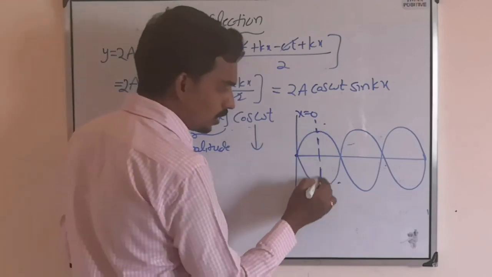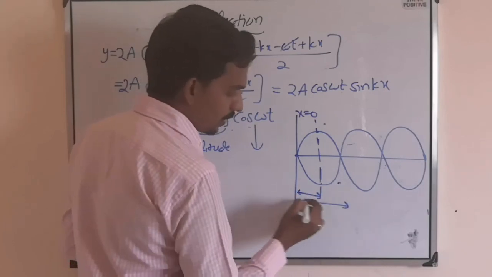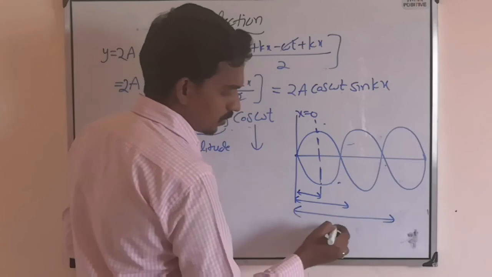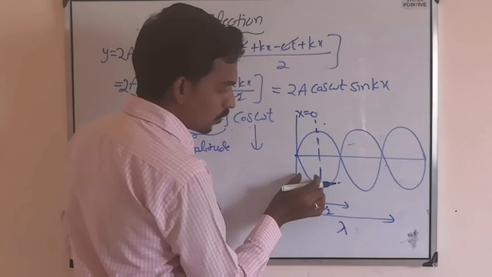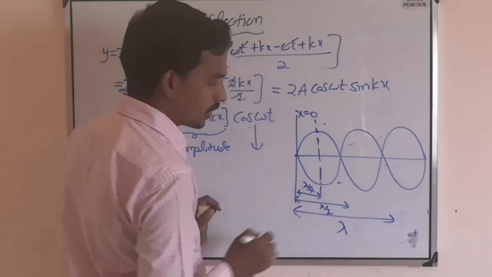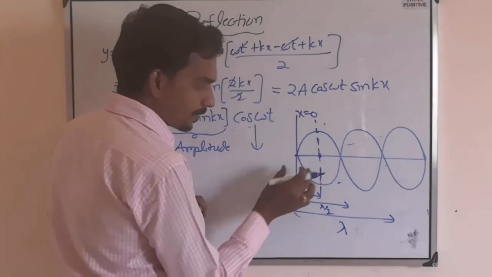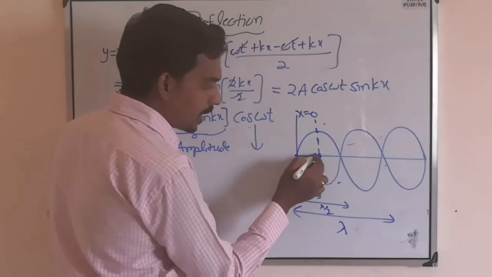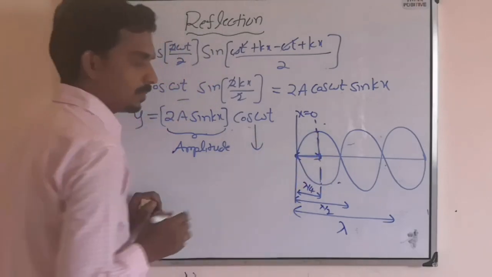What is this position called? What will this length be? See, this is half wave, this is full wave. Full wave means lambda. Half wave means lambda by 2. Quarter wave means lambda by 4. So, at a distance lambda by 4 from the starting point, the amplitude is maximum.